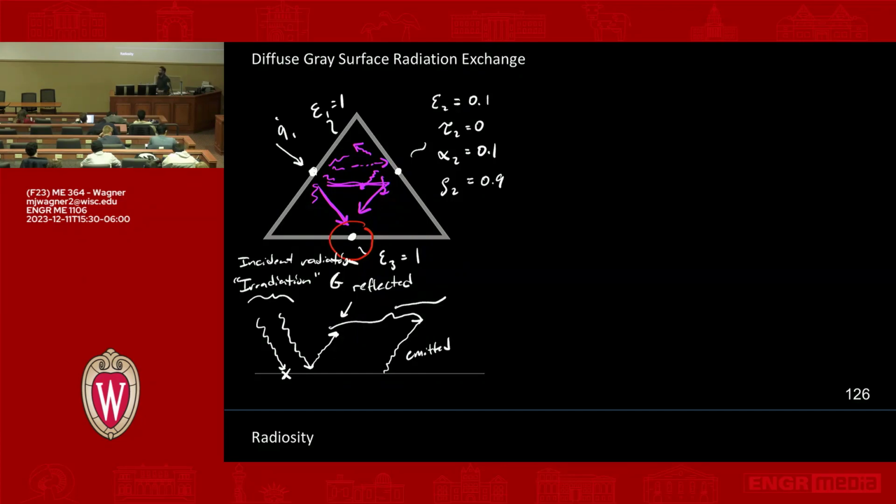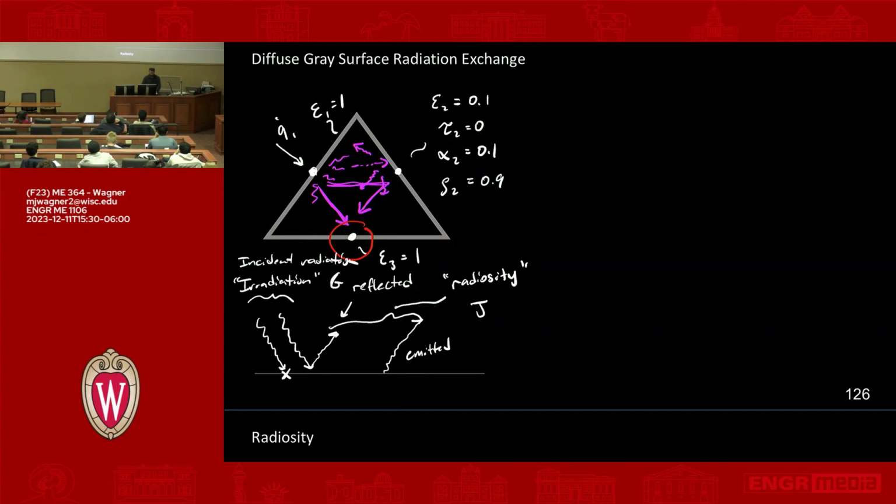So the combination of those two things is called radiosity, and we give this the symbol J. Radiosity J. What we're going to do is develop models in terms of radiosity and in terms of black body spectral power, and we'll see how those two things relate to each other.